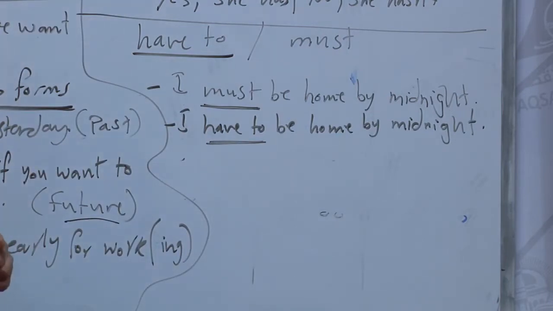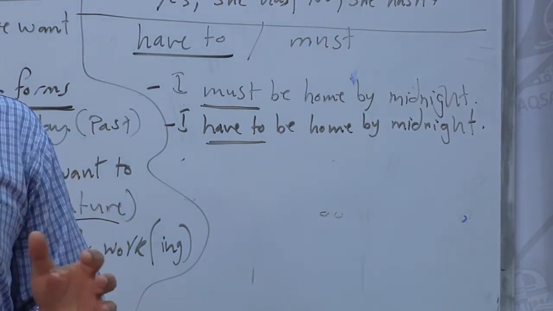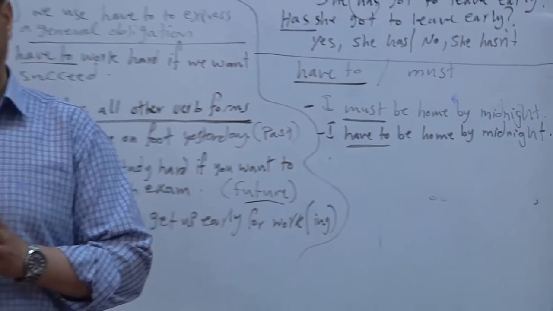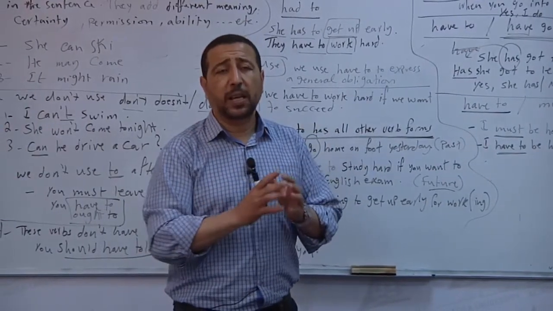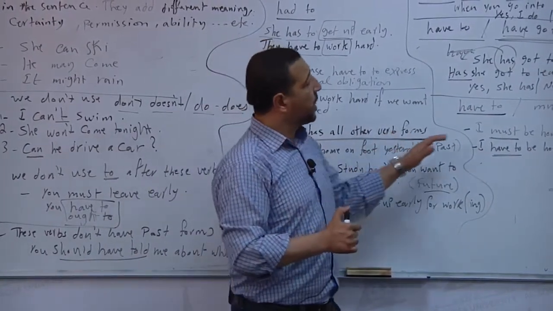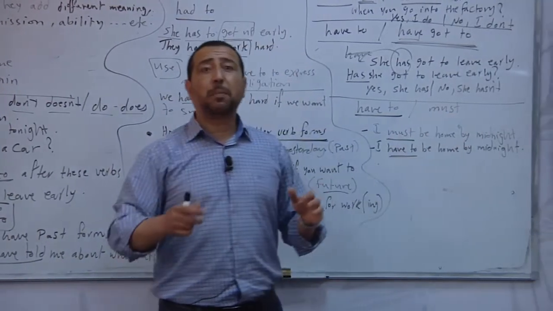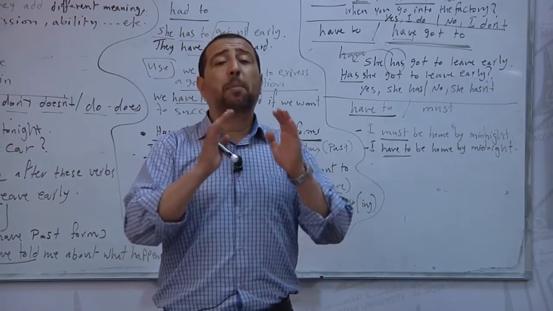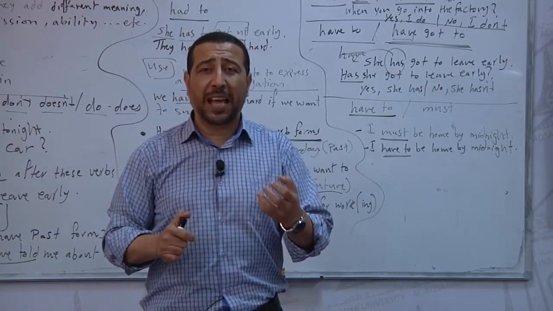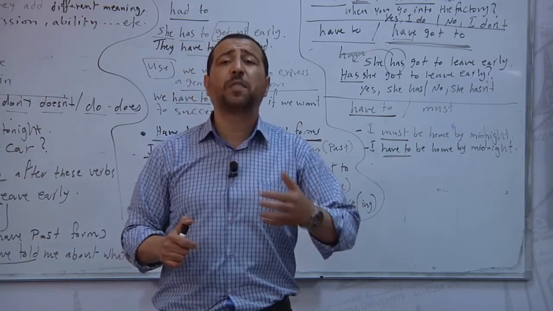But is there any difference between the two in terms of meaning? Yes, there is a difference concerning obligation. Must can be used to express an obligation, but it expresses the obligation from the point of view of the speaker.